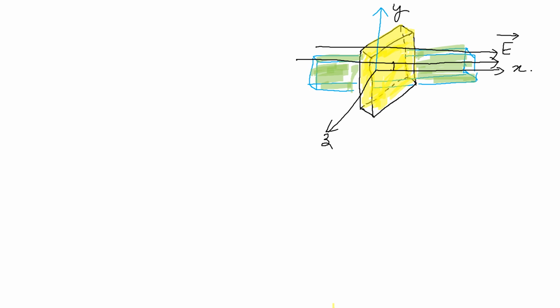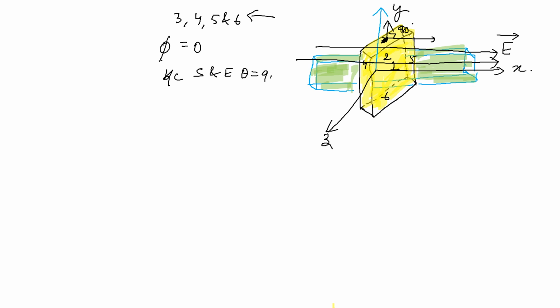These are faces 1, 2, 3, 4, 5, 6. Faces 3, 4, 5 and 6 will not play any role in the flux contribution. Flux from these faces will be 0 because the surface area vector from this third surface will go up, which will be 90 degrees to the electric field.